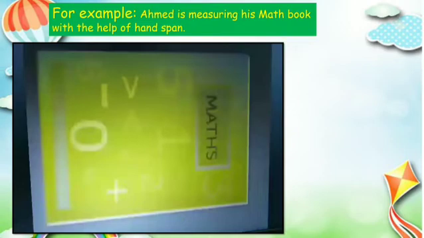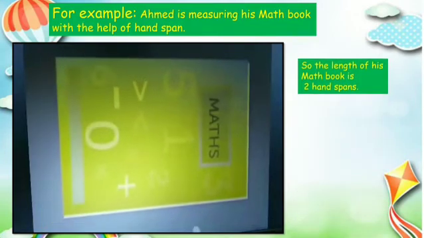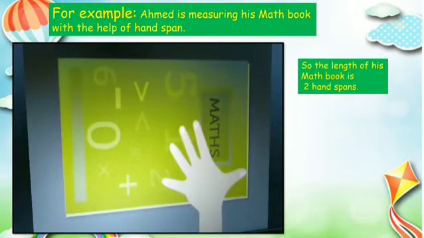For example, Ahmed is measuring his math book with the help of handspan. One, two. So the length of his math book is 2 handspans.